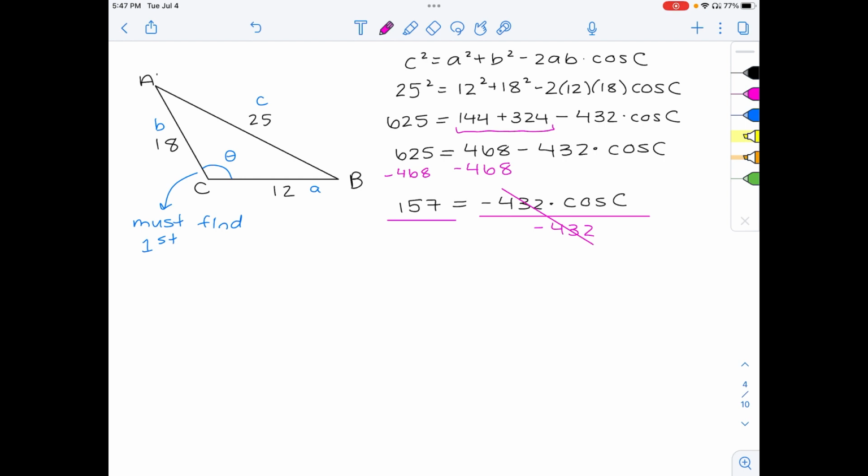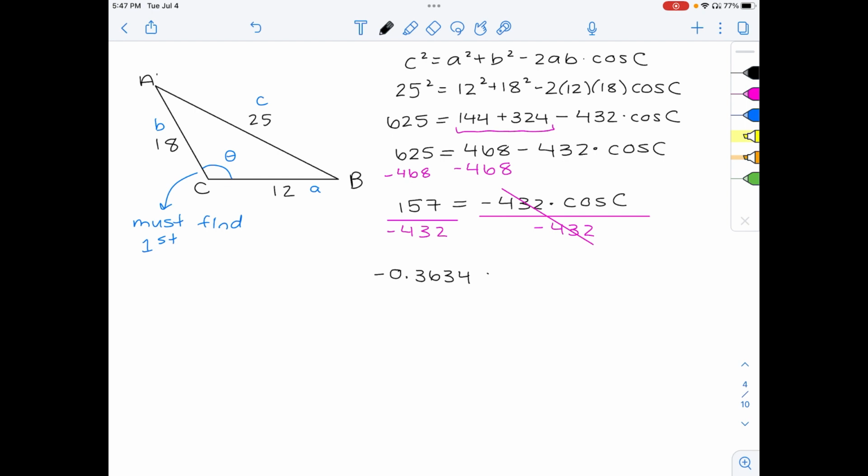And then I'm also dividing this side by negative 432. You'll notice what happens here now is I am dividing a positive number by a negative number. So my decimal that I get here is going to be negative, and that's okay. You don't need to change it to a positive because you think it looks weird. It's supposed to be negative.